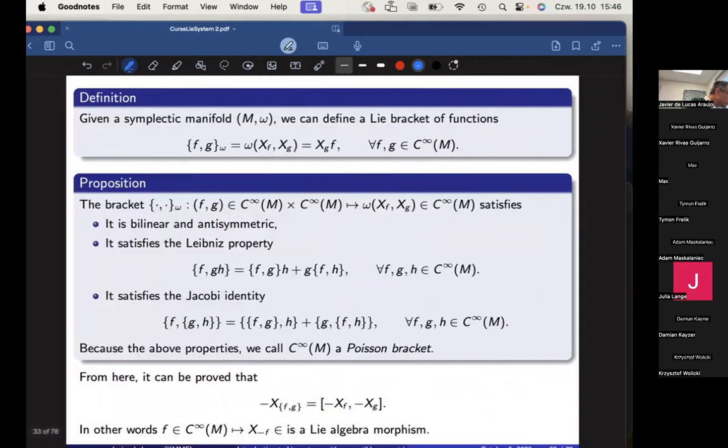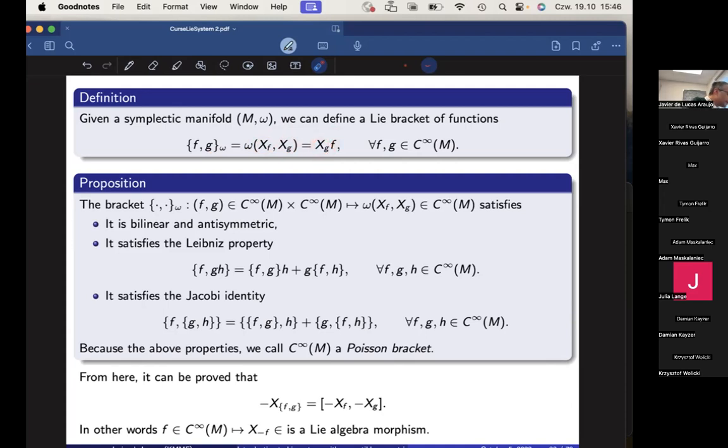So the thing is that with a symplectic manifold, we can define a Lie bracket of functions in this manner. You pick up omega, and for every pair of functions f and g, you can define the Hamiltonian vector field of each of them. When you do it, you obtain that this is the same as the Hamiltonian vector field of g acting on f.